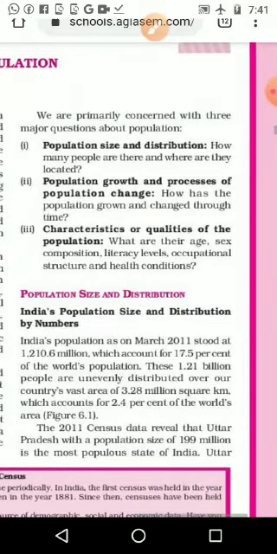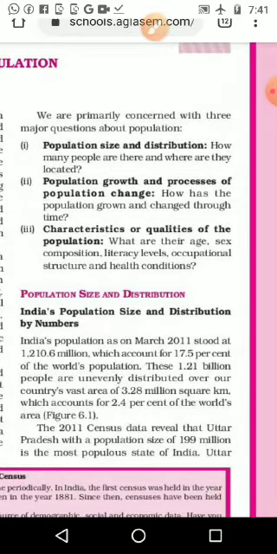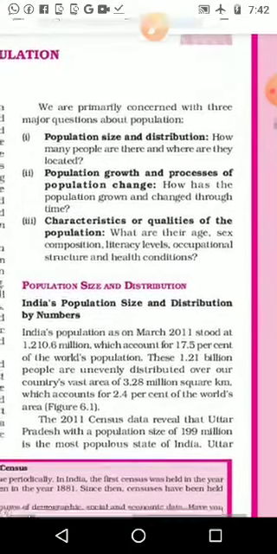What is the population of India? 138 crore. Of that, near about 30 lakh people were affected by corona. Because of situations like disease, or natural calamities like a tsunami or earthquake, the population growth changes over time.